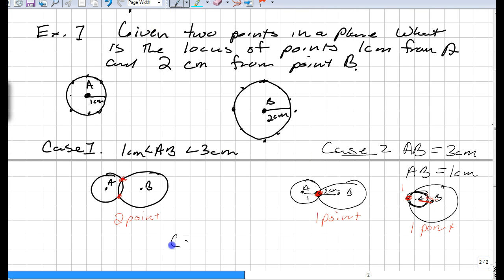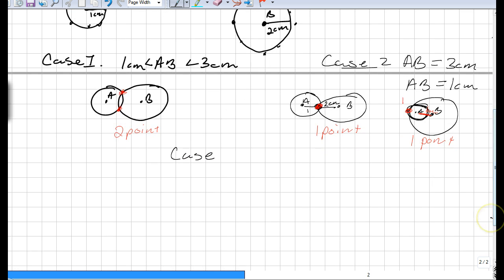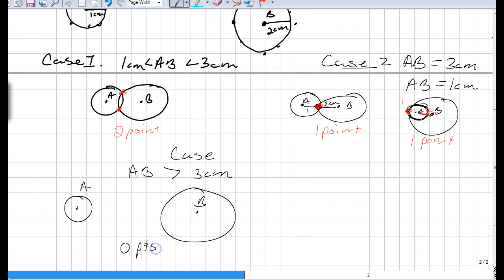Okay, so we have 2 points, 1 point, or what's another thing that could happen? Think about what else could happen. Could the length of AB be greater than 3 centimeters? So in other words, circle A would be out here, circle B would be here, and they would never touch. So there, that would be 0 points. Okay? But another situation for case 3 is that AB could be less than 1 centimeter.